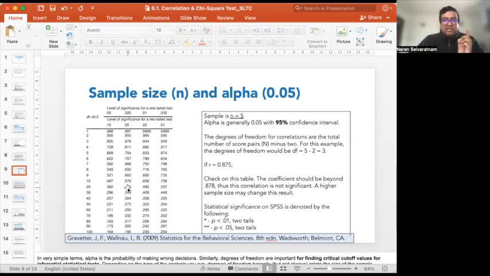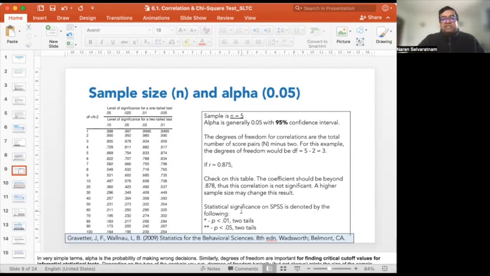For the same 0.05, the significance cutoff would be 0.423. So if our critical cutoff point is 0.423 for a larger sample with degrees of freedom of 20, then probably this statistic is statistically significant. But since we have a very low sample, unfortunately, this is not statistically significant.